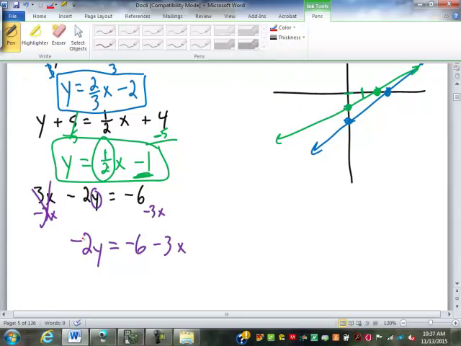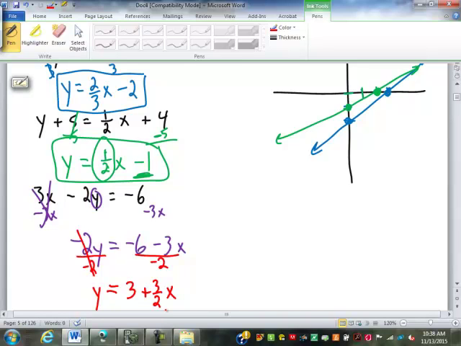Now we need to get rid of the negative 2. Y is multiplied by negative 2, so we divide by negative 2 to get y equals, dividing by negative 2 over here. Negative 6 divided by negative 2 is a positive 3. Negative 3x divided by negative 2 is a positive 3 over 2x.